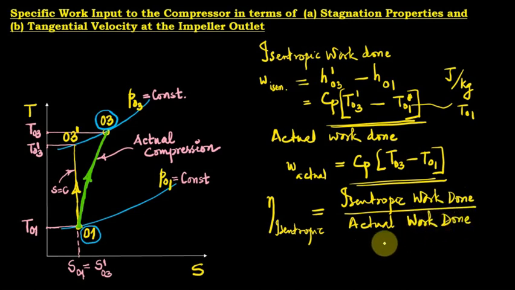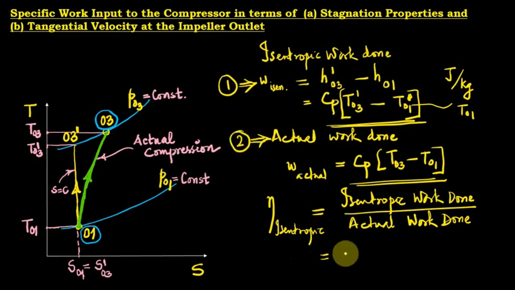But in turbines, actual work is less than isentropic work done, whereas in a compressor it is work to be expended as input, and the isentropic work done is less than the actual work done. So if you see W isentropic as 1 and actual work done as 2, it will be 1 divided by 2.